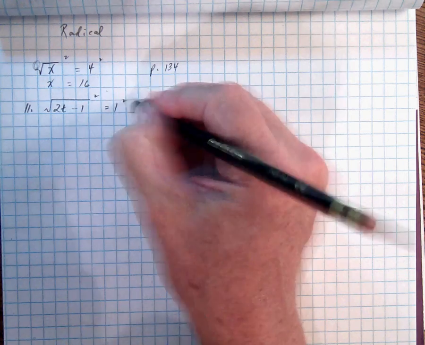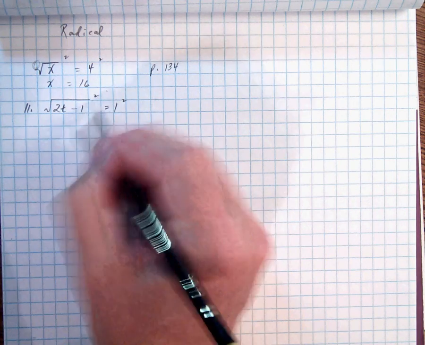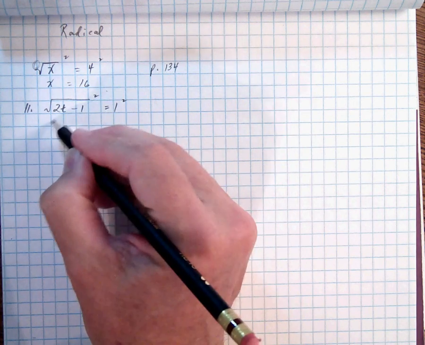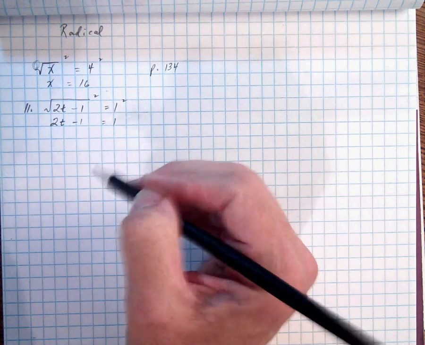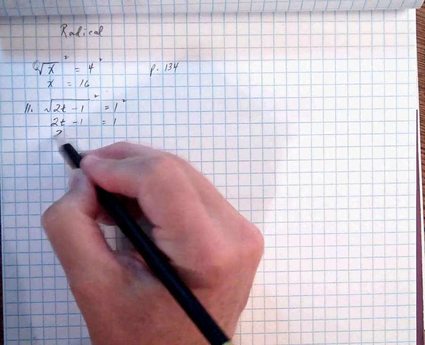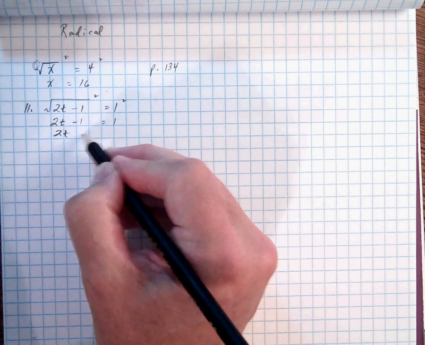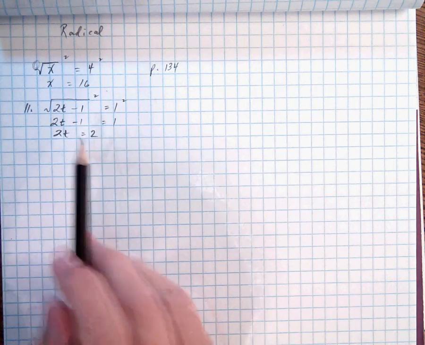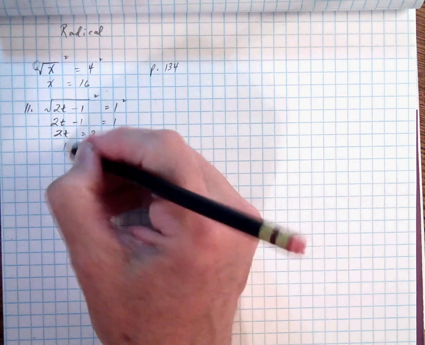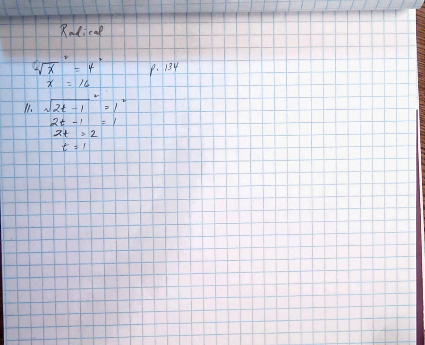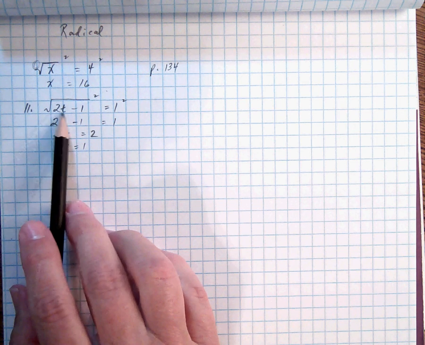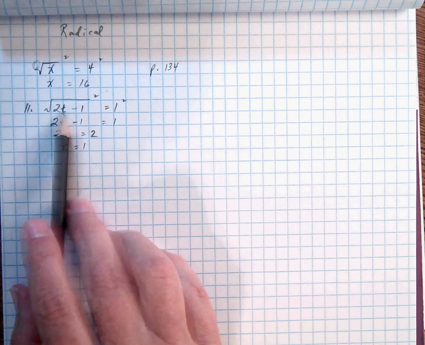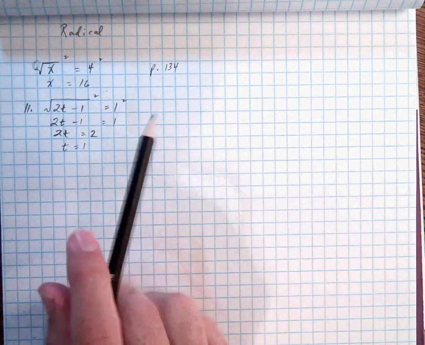When I square it, I get rid of the radical, and it's just 2t minus 1, and 1 squared is 1. So then 2t is going to equal what? 2, right? Because I add 1 on both sides, and therefore t is 1. So it looks like the answer is 1. If I plug it back in, I get 2 times 1 is 2, minus 1 is 1, square root of 1 is in fact 1. So it does work.